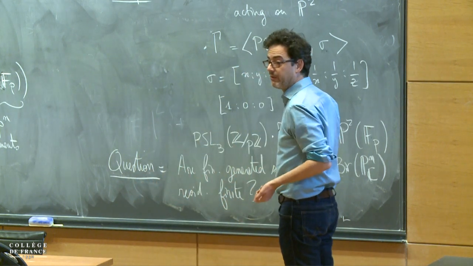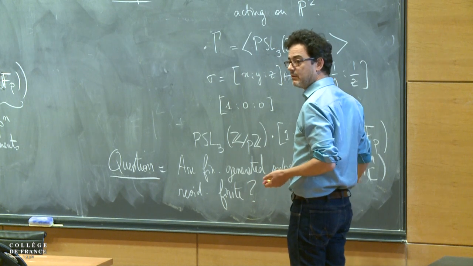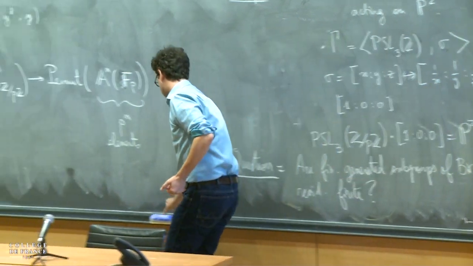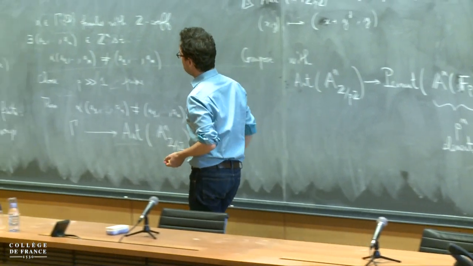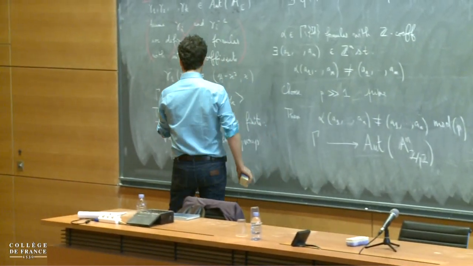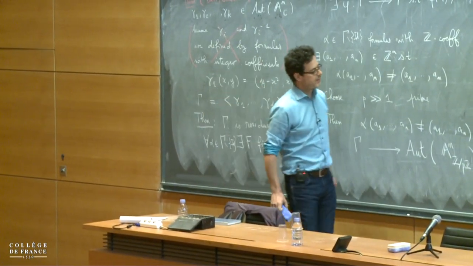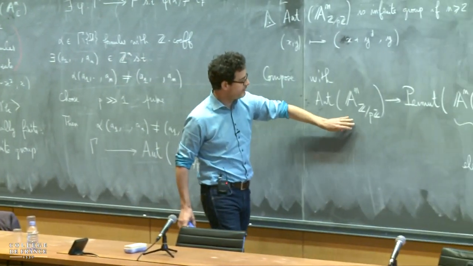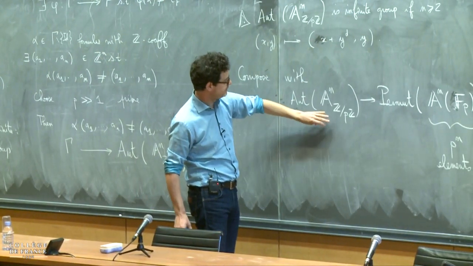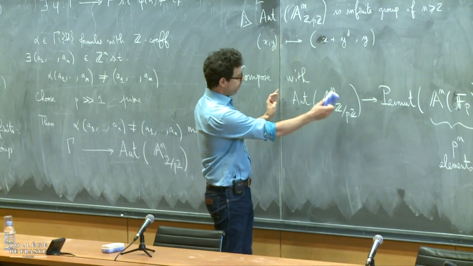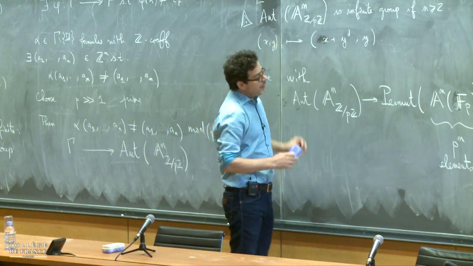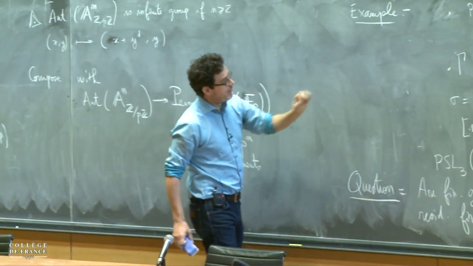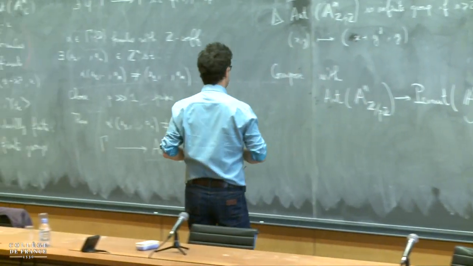I don't know the answer, and I think nobody knows the answer. Okay, so this was just an example to stress a difference between regular automorphisms, even of affine spaces, so even for this type of infinite dimensional group, and birational transformations with indeterminacy points.